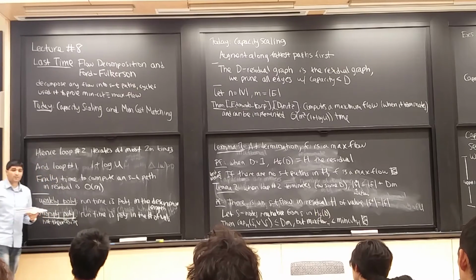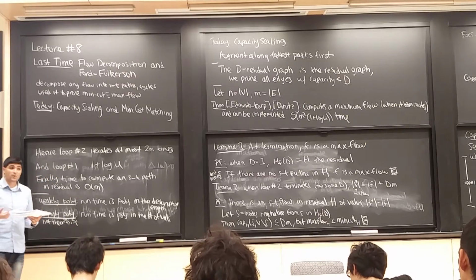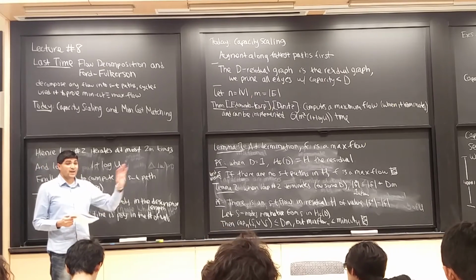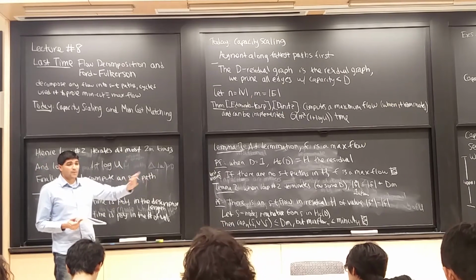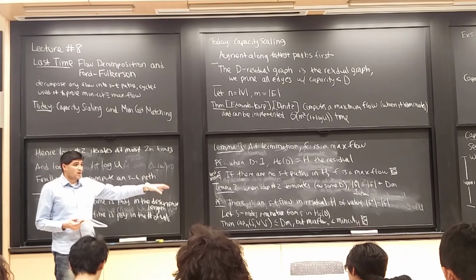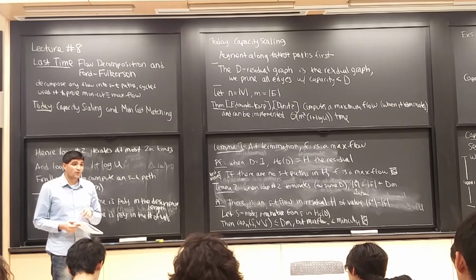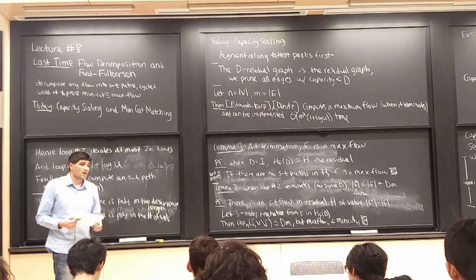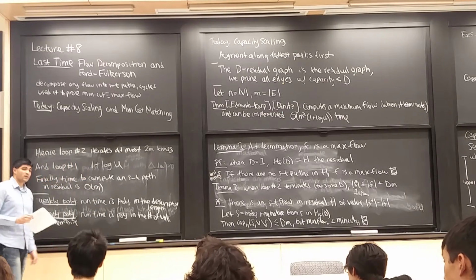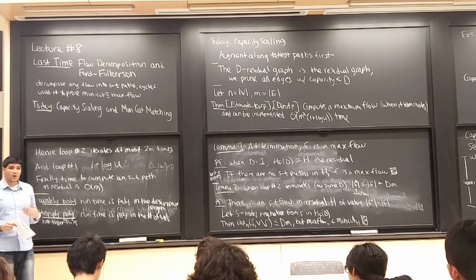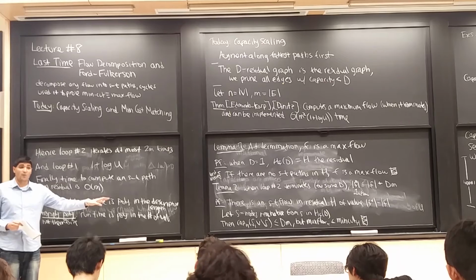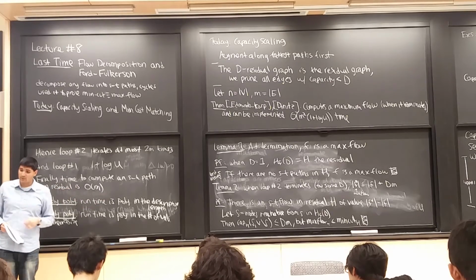If you think about it, we have two different contributors to the description length of a max flow problem. We have n and m, which describe the number of vertices and the number of edges. But we also have log u, which tells you how many bits you need per edge to describe its capacity. So for a strongly polynomial time algorithm, you want something that only depends on m and n in some polynomial way, and u doesn't even show up, let alone log u.